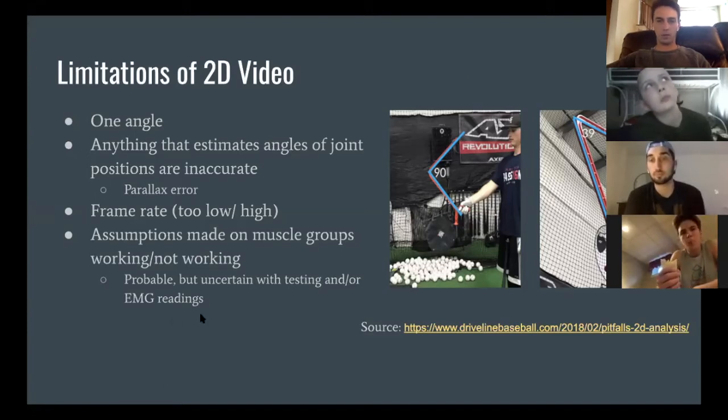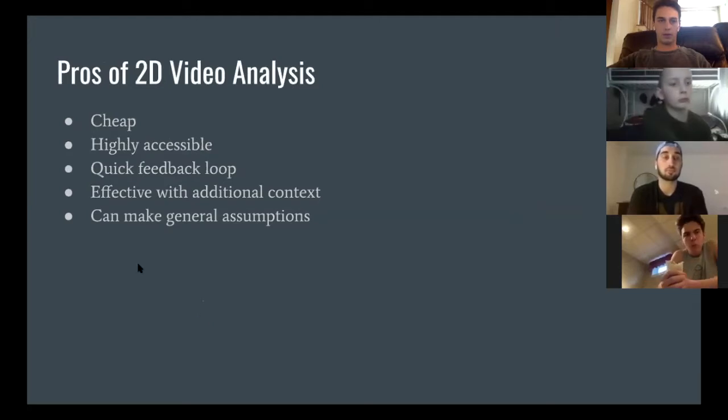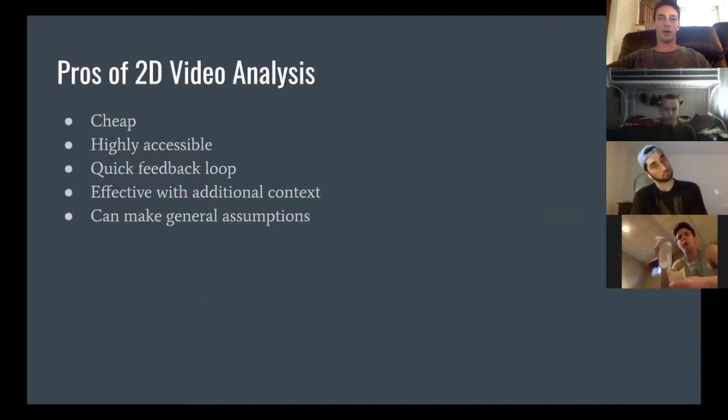Okay. Yep. So now we'll talk about the pros of using 2D video. It is what we primarily use for a lot of these reasons. One, it's super cheap. Everyone's got a really good camera on their phone. I have an iPhone 7 and I could shoot in 240 frames per second. That type of technology wasn't available 5-10 years ago, so that's made this a lot more accessible to everyone. Two, you can pretty quickly provide feedback.